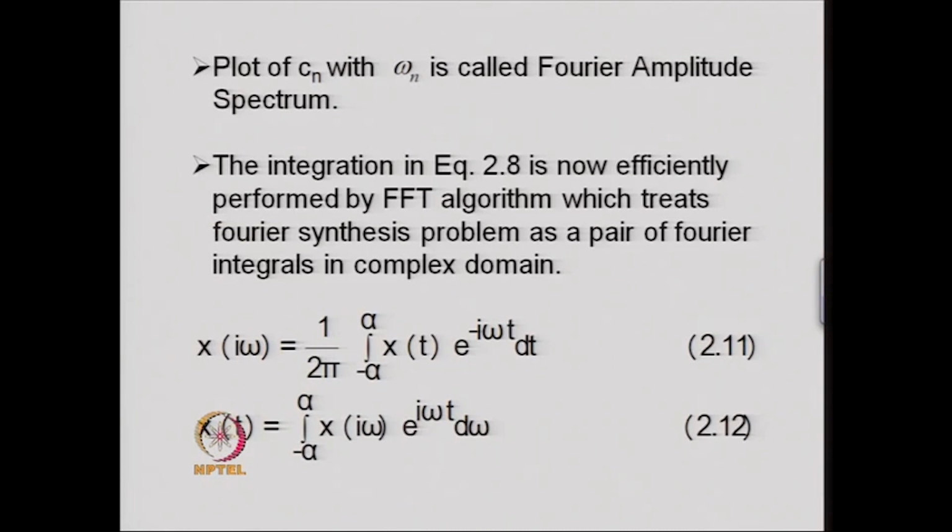For example, if x(t) is the time history of ground motion, say acceleration, then the first integration would provide the frequency content of the ground motion x(t), whereas the second integration would give back the time history of the ground acceleration from the frequency content obtained in equation 2.11.